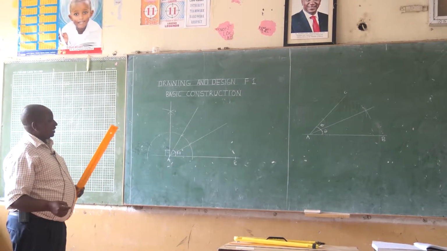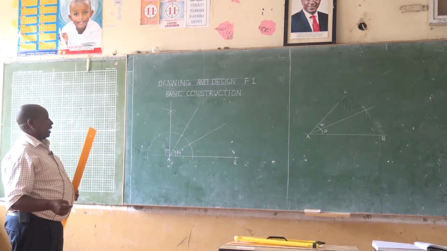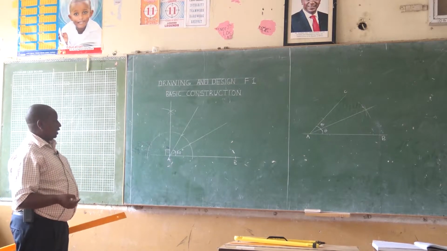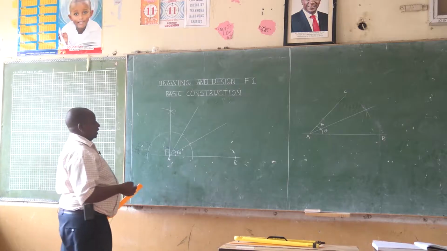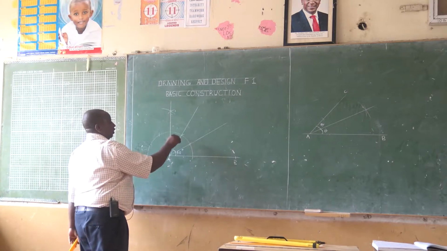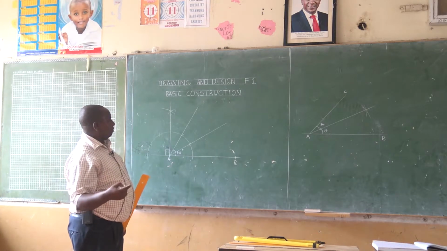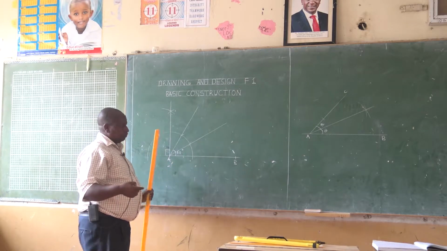Further successive bisection should get angles like 15 degrees, 7.5 degrees, 67.5 degrees, as you continuously do successive bisections of these angles.